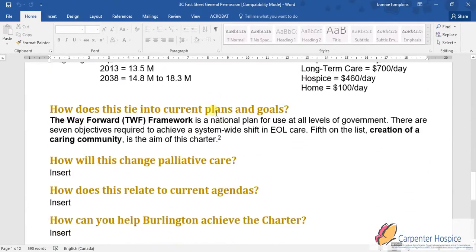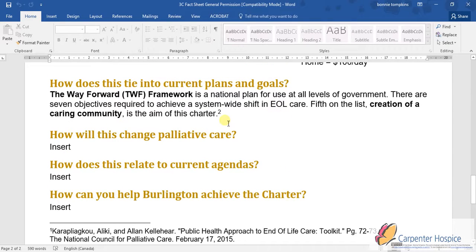The other piece on the back certainly is these 4 questions. So this question here is more of a federal question, and certainly with politicians, you want to speak to any federal documents that exist because that helps them, it helps create that buy-in. The Way Forward framework is our most recent political or federal document for palliative care, and so there are 7 aims that were created.